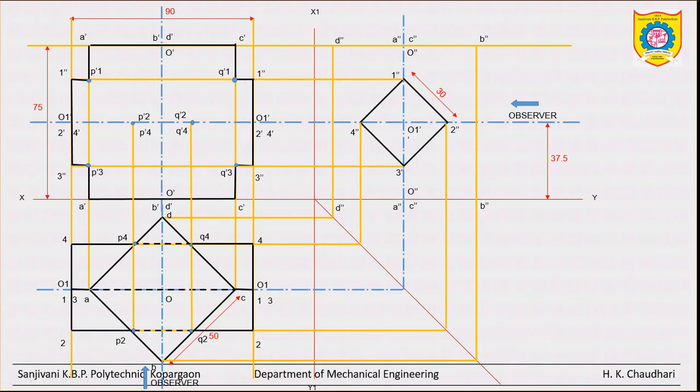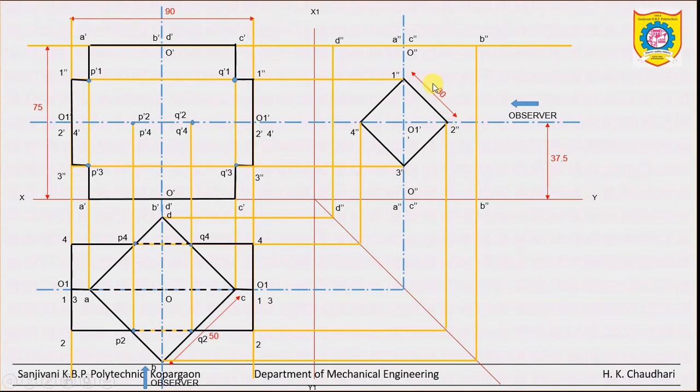When two rectangular faces intersect each other, their intersection will be a line. So this 1, 2 horizontal surface will intersect this AB surface of the vertical prism. So their intersection will be a straight line.